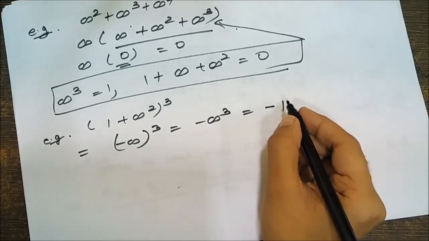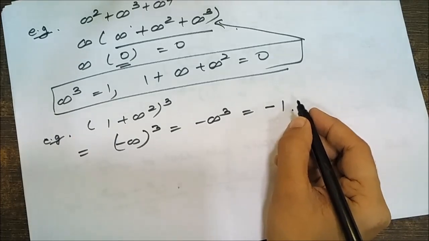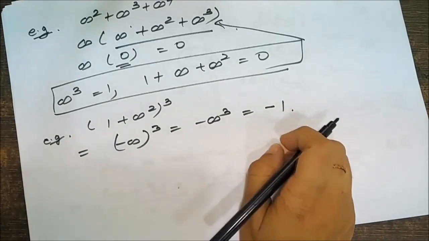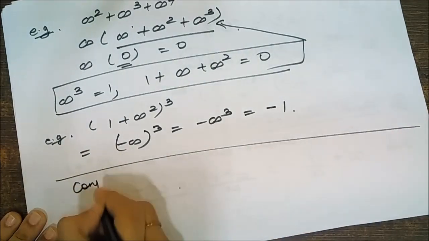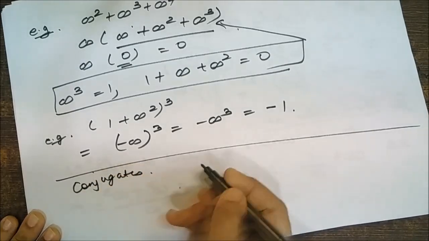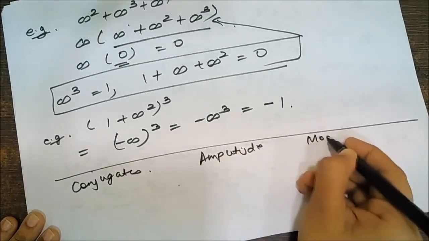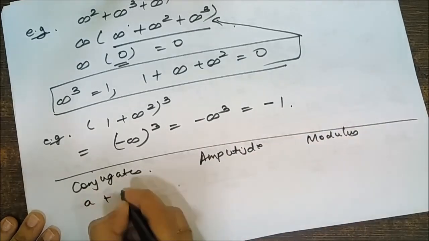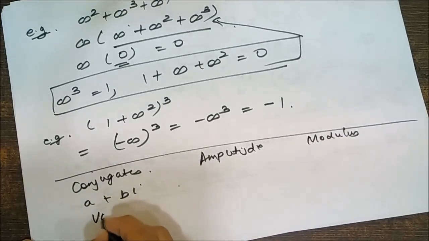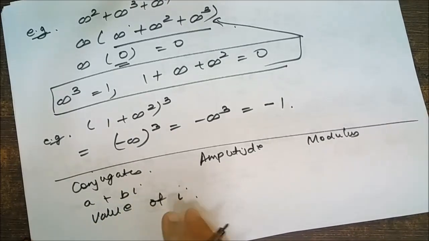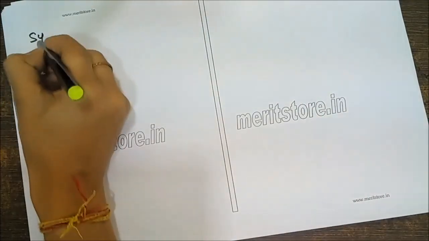Okay, here we end the synopsis. At the very start of the chapter, we discussed the conjugates. After conjugates, we discussed the amplitude and modulus. We divided the equation in the form of a plus bi. Next we continued with the value of i, where we solved certain examples for it. We found the value for an equation where we use synthetic division.